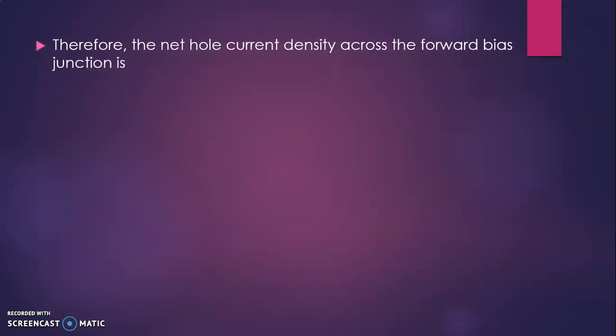Next, therefore, the net hole current density across the forward bias junction we can write as: the current density of holes is equal to the diffuse current density component of holes in the P side when it is forward biased, minus the diffuse current density of holes in the N side when it is unbiased.